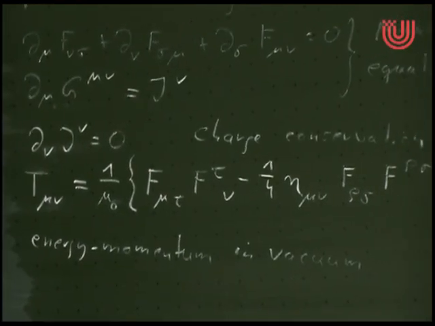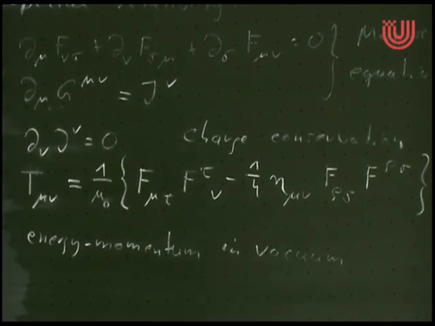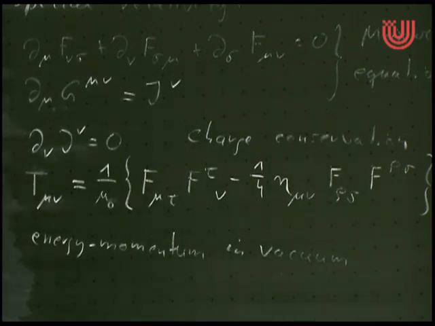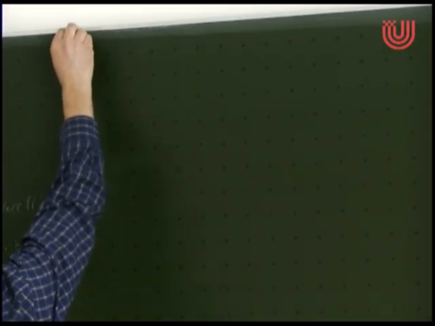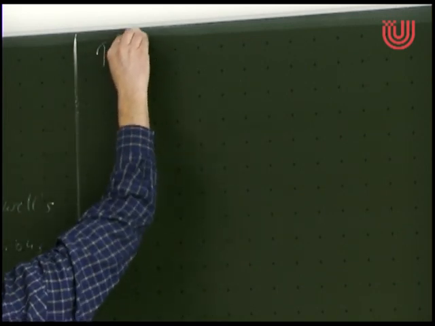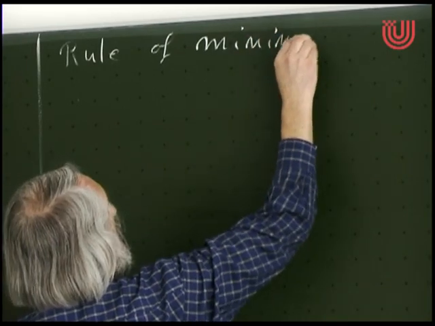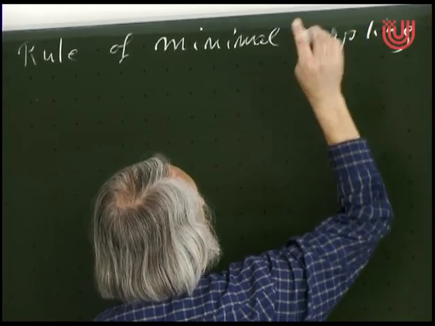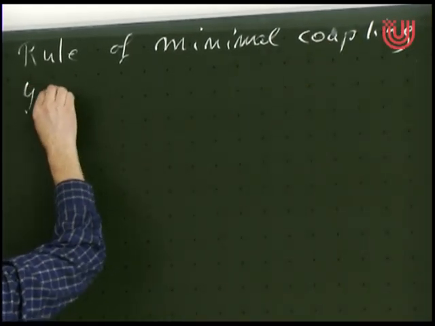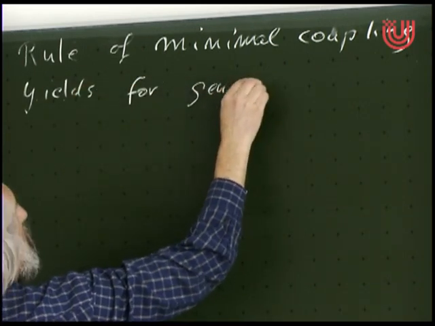And now we can see what we get from the rule of minimal coupling for general relativity. So how do Maxwell equation, charge conservation, and the energy momentum tensor look in general relativity? If we trust the rule of minimal coupling, and this yields for general relativity.